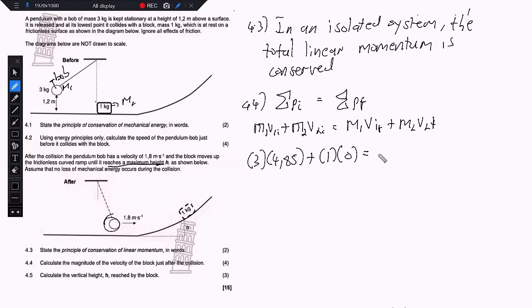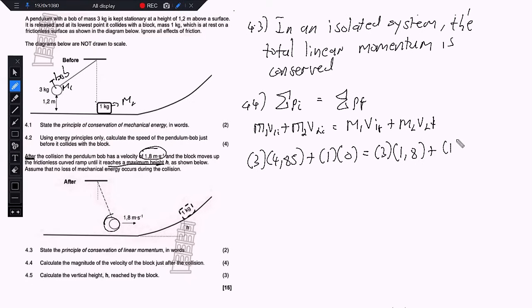And then mass 1 is still 3, but then velocity finally of the pendulum bob is now 1.8 because they say after the collision, the pendulum bob has a velocity of 1.8. Note that. So initially, just before it collides with the block, it was 4.85. But after it collided with the block, it was now 1.8.